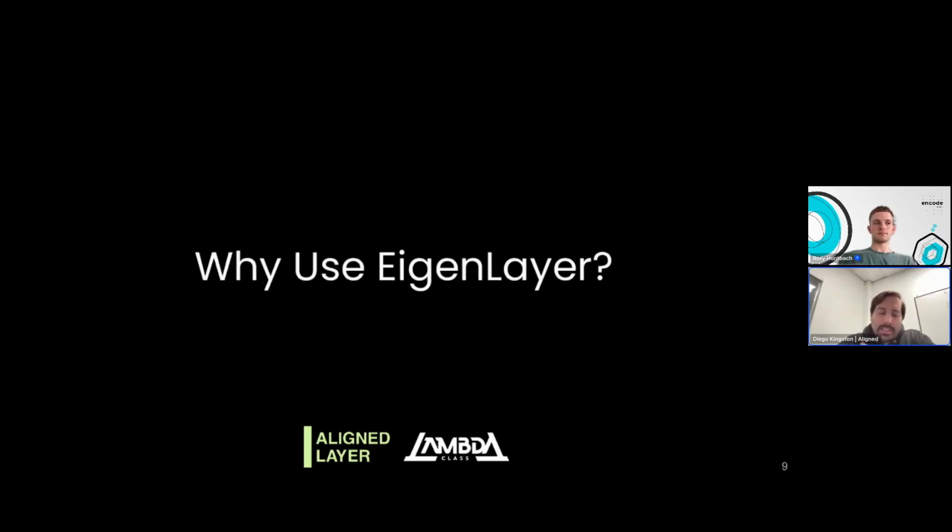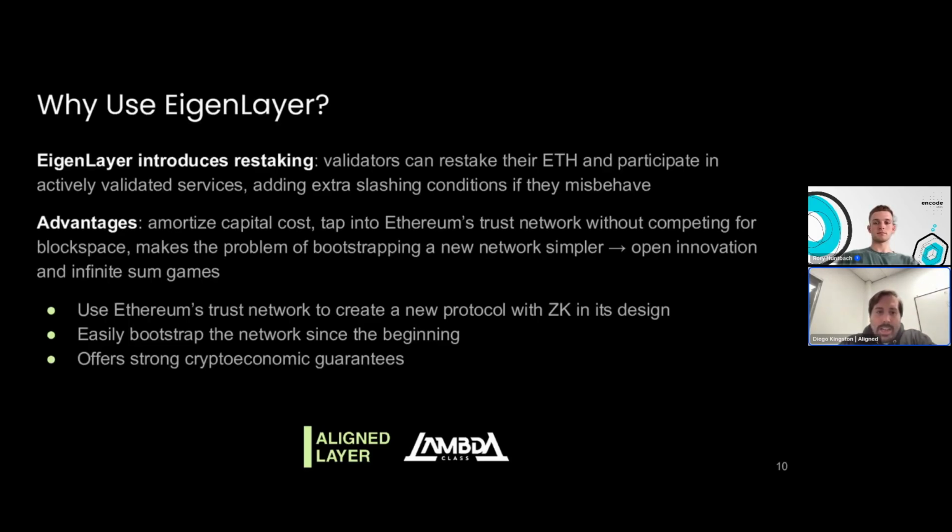Okay, so the idea is why use EigenLayer. As I mentioned, EigenLayer introduces the concept of restaking. The idea is validators can use their ETH and participate in other services by adding extra slashing conditions if they misbehave. Okay, and this has an important advantage because this leads to an amortized capital cost.